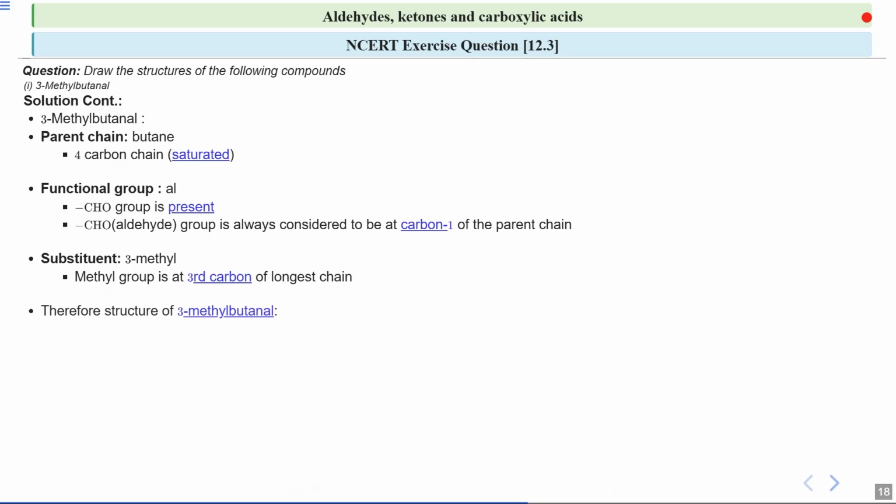Therefore, if we draw the structure, this is the final structure of 3-methylbutanal. You can see this is the aldehyde group, and on the third carbon a methyl group is attached. And we did the numbering in such a way that this aldehyde group gets the least number, that is the first number. So this is the structure of 3-methylbutanal.